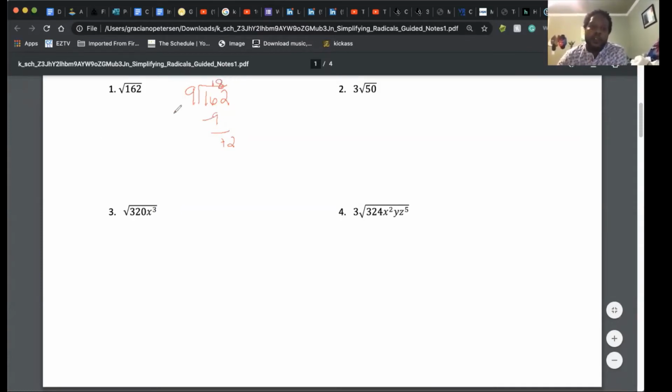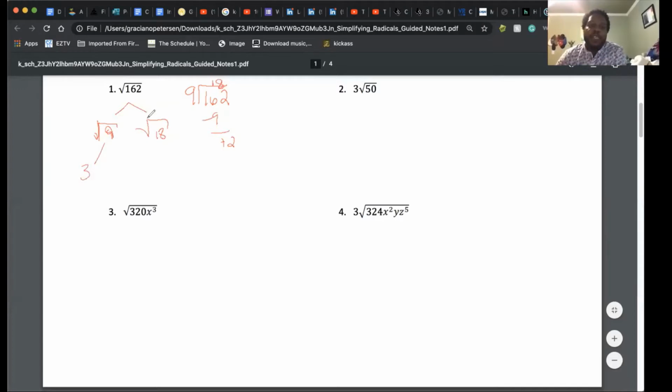So I'm going to use 9 as my first breakdown. So I'm going to break 162 into the square root of 9 times the square root of 18. Okay, the square root of 9 is 3. So I've broken that down completely.